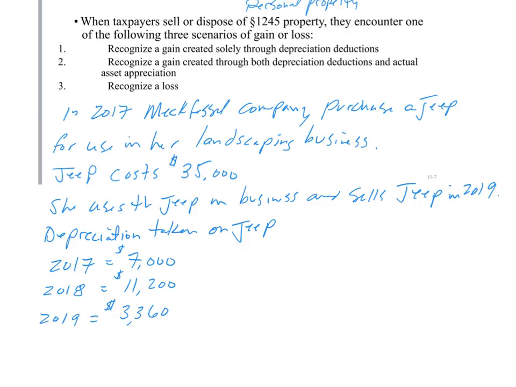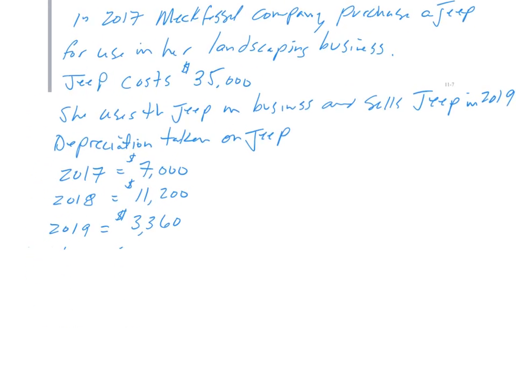$3,360. All right. So total depreciation taken over the life of that Jeep is $21,560. Okay. So in 2019, I'm going to switch the colors here.